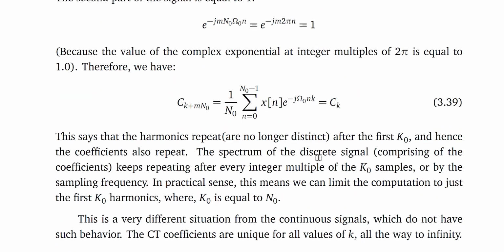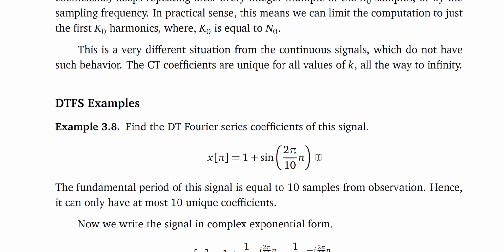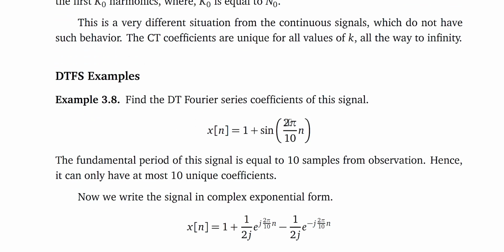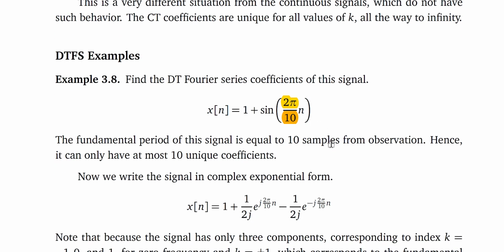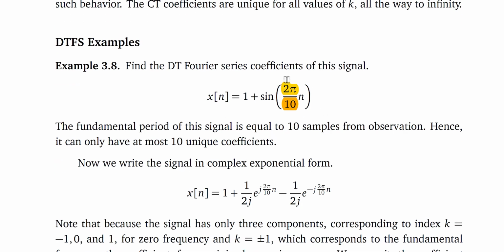Okay, we're going to look at some examples. So let's take a look at this signal. We want to find its discrete time Fourier series coefficients. The fundamental period of this signal is 10 samples. That we know because this right here is the digital frequency, and the denominator is N. So hence this equation will have at most just 10 coefficients.